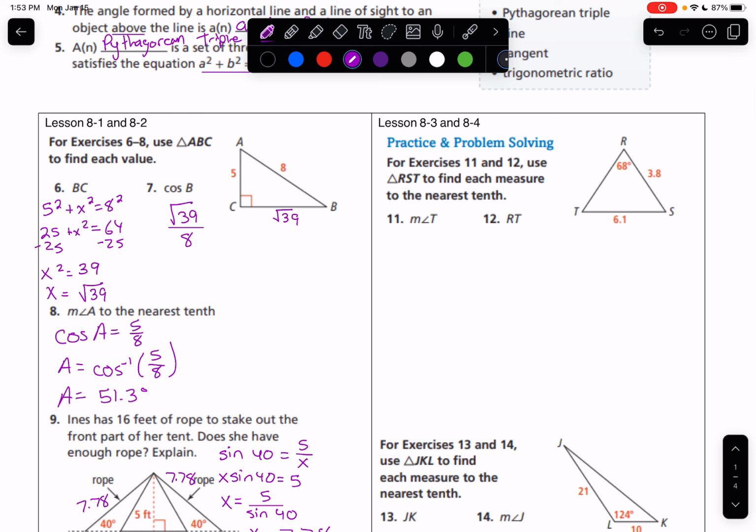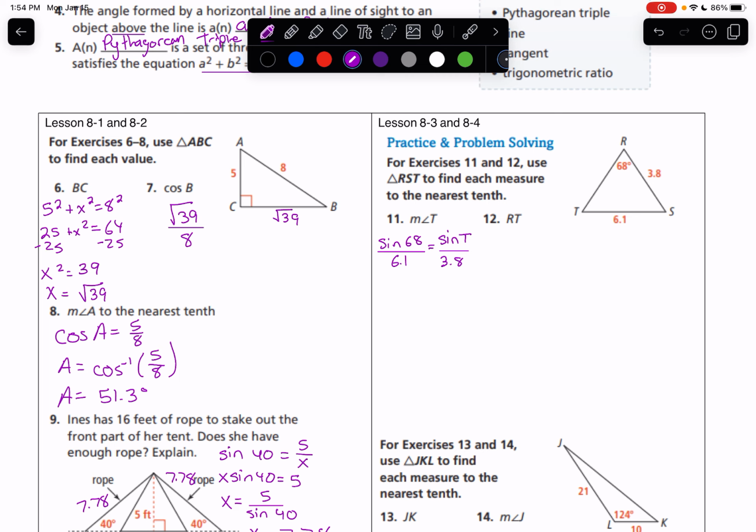Numbers 11 and 12. 11, we're finding the measure of angle T. 12, we're finding RT. So we have an angle opposite side pair. We don't have a right triangle, but we have an angle opposite side pair, so we can use the law of sines. Number 11, we can say that the sine of 68 over the opposite side, 6.1, is equal to the sine of the angle we don't know, T, over the opposite side, 3.8.